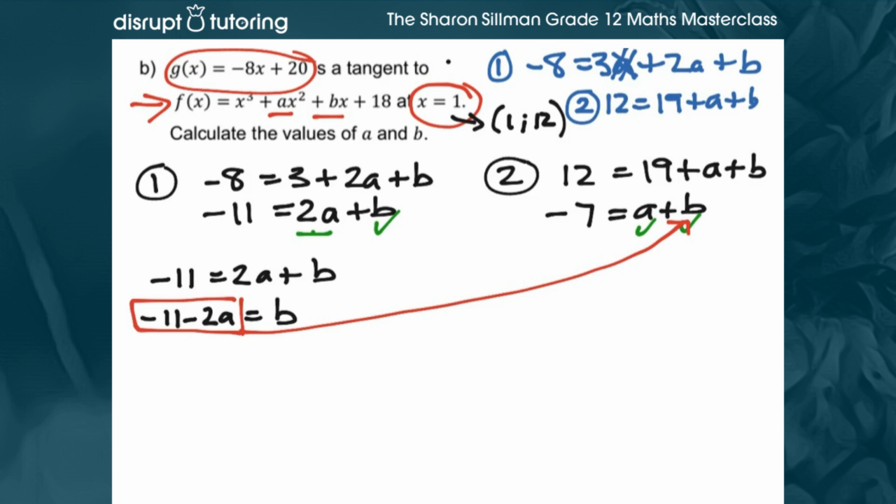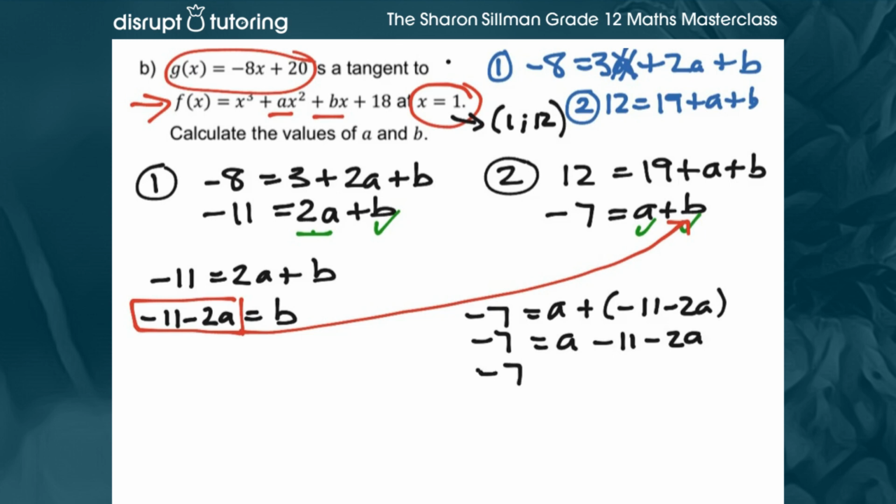So my second step is to replace the b with negative 11 minus 2a. I now have an equation just with a's in it, so therefore I must be able to solve for a. I'm going to add 11 to both sides and divide both sides by negative 1.